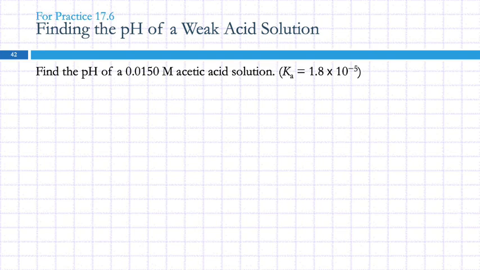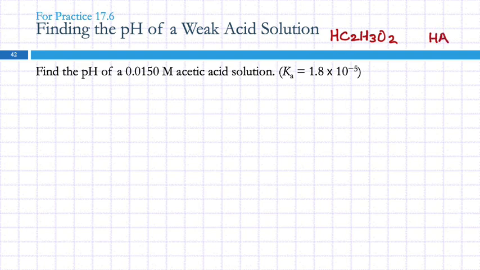So acetic acid is HC2H3O2. And so we can use that in our little equation, or we can call it HA.